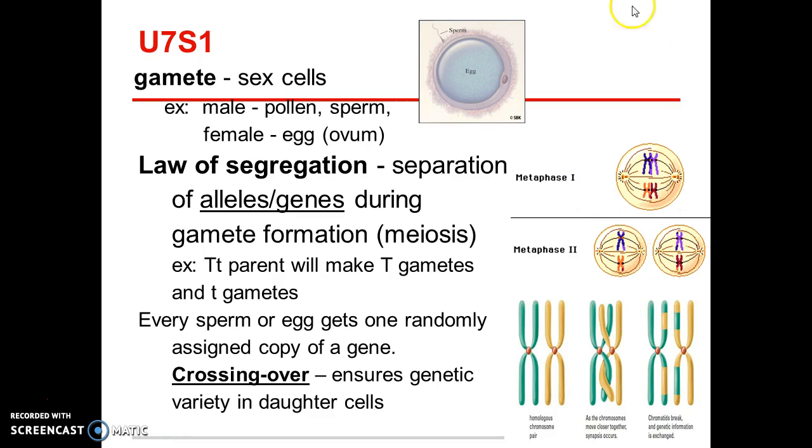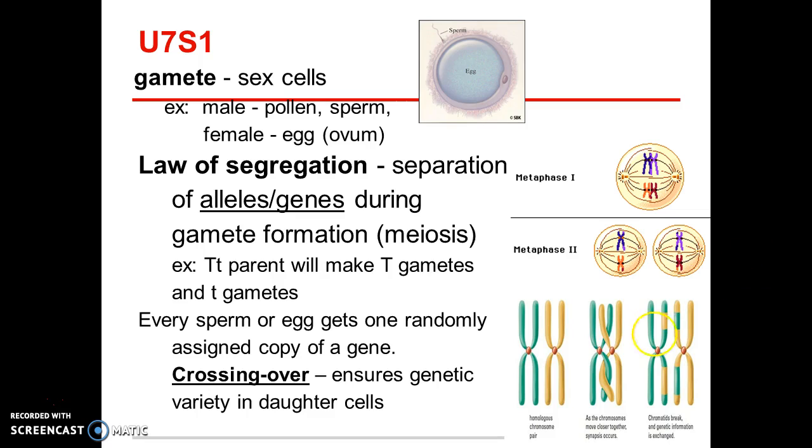And we have another set here. We have 23 pairs total; this is only showing 2 sets of pairs. Now once these split, line up in the second metaphase and split off, we end up with our gametes, guys, the individual eggs and the individual sperm.